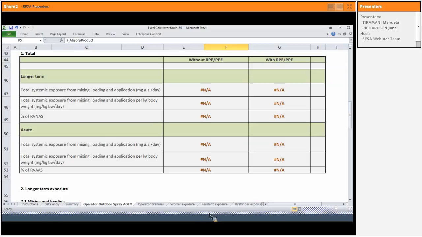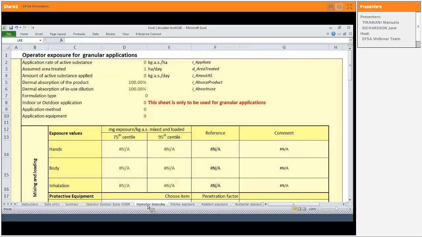If I may, on the screen, close to operator of dose spray AOEM, there's an operator granules. Just to say to the audience, in case you haven't read yet the guidance, the main part of the operator exposure assessment for outdoor spraying, downwards and upwards, vehicle mounted and also handheld, is calculated through the new AOEM model, the agricultural operator exposure model, developed by BfR. Exactly.